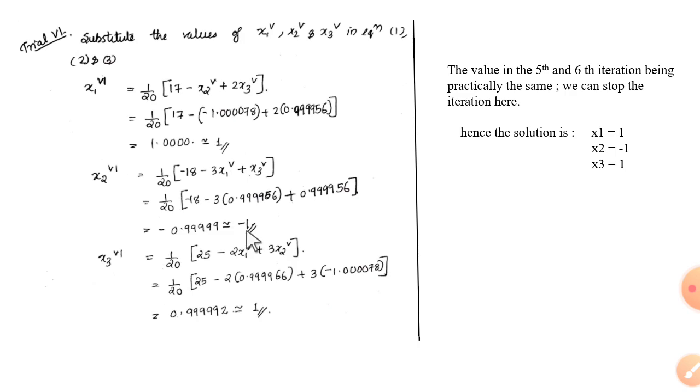Hence we can stop our iteration here. Thus you find the values x1 equal to 1, x2 equal to minus 1 and x3 equal to 1. So this is the solution. This is how you solve by Jacobi's iteration method.